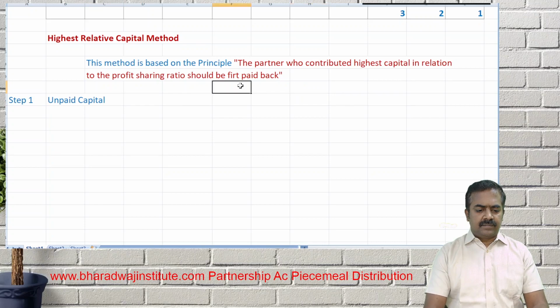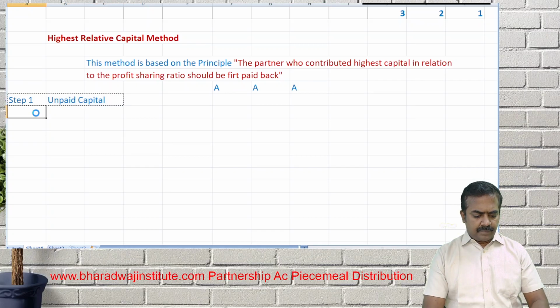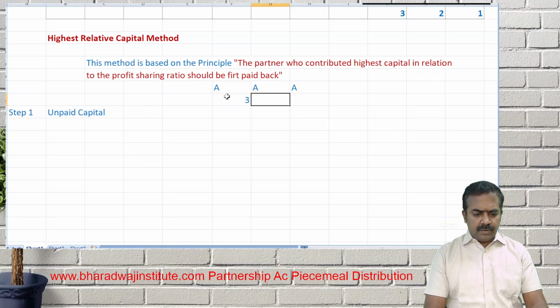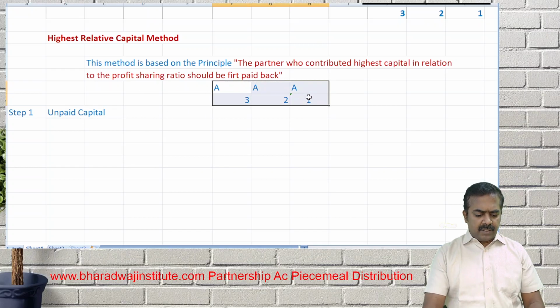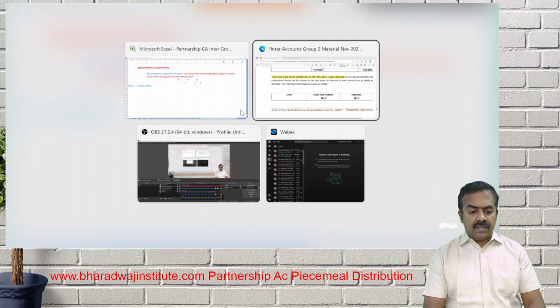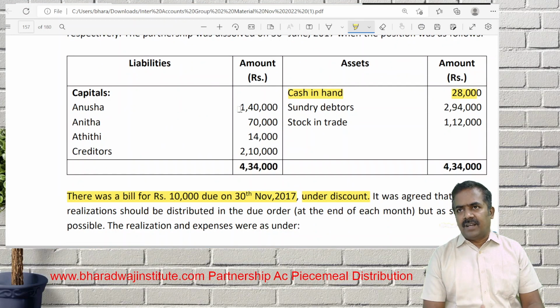Who are the partners in this problem? A, என்ன ப்ராஃபிட் ஷேரிங் ரேஷியோ உங்களுக்கு? 3:2:1. So first calculate which one? Unpaid capital. In this question, the same question I am taking and working out under which method? Highest relative capital method.